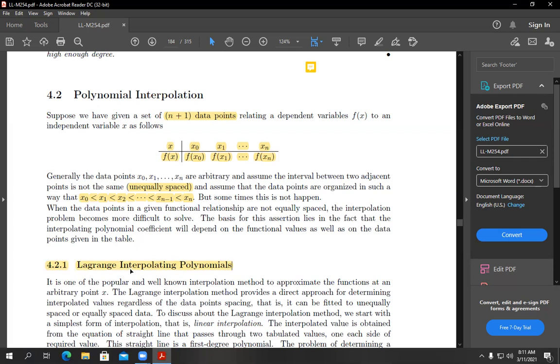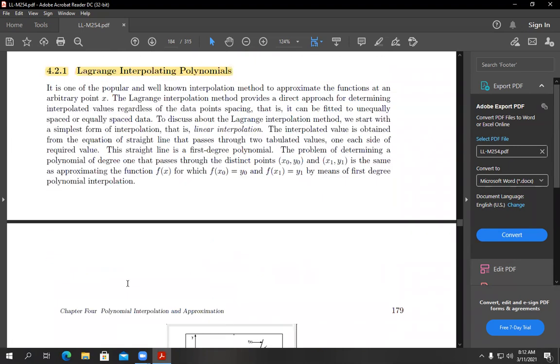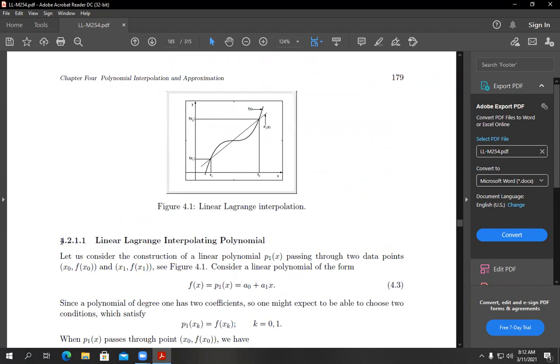So these two numerical formulas we do for polynomial interpolation, which we use to find the approximation of the function at the given point. For the Lagrange polynomial, I give you the general formula here. The first, simplest case of the Lagrange polynomial is the linear polynomial.